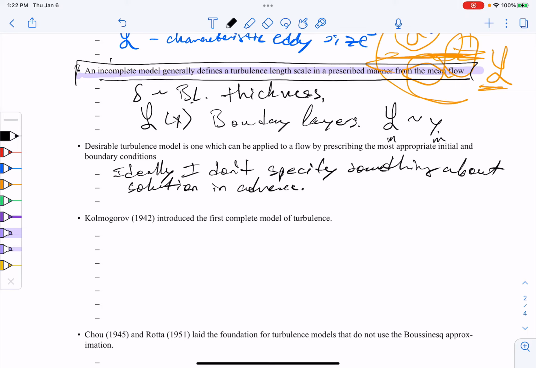That would definitely be a wonderful thing. And any model like that, these are sort of informal definitions, but any model like that would be called a complete model. So this is really the definition.